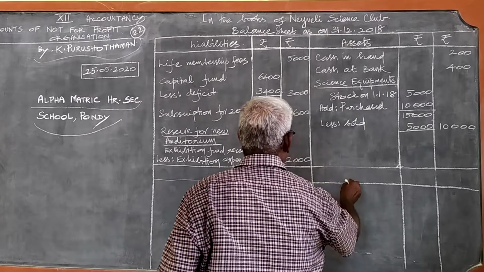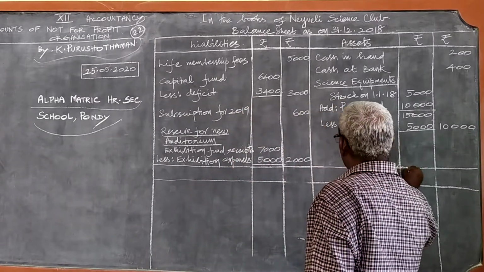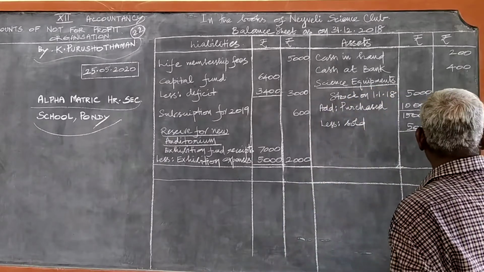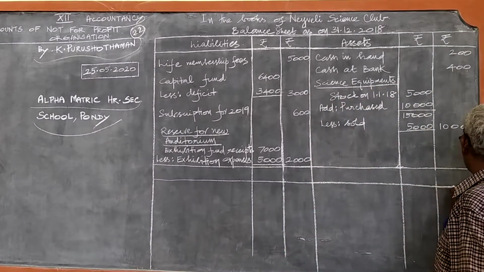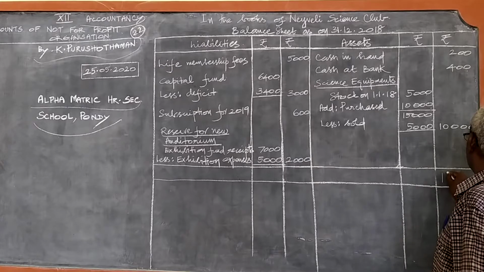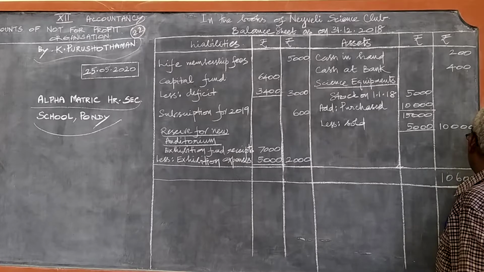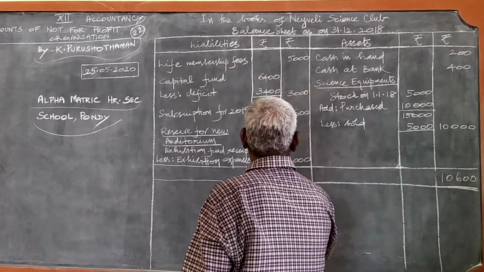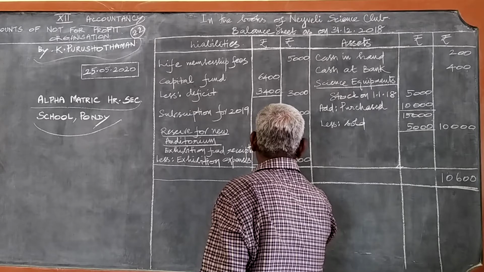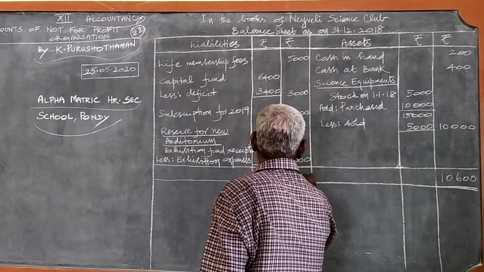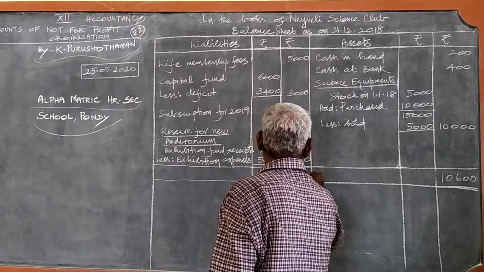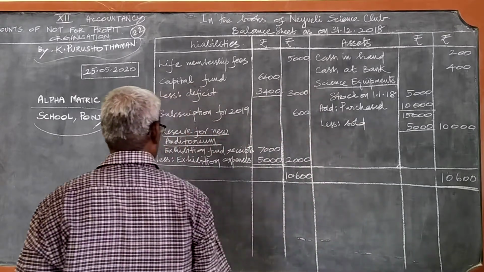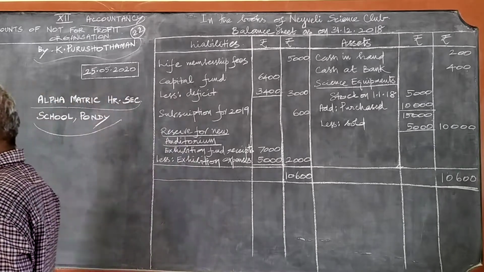With this, we have attended all the items related to balance sheet. Now we can find the total on both the sides. 10,600 on the asset side and on the liability side 10,600. Both the totals are correct. So this is the answer for balance sheet.